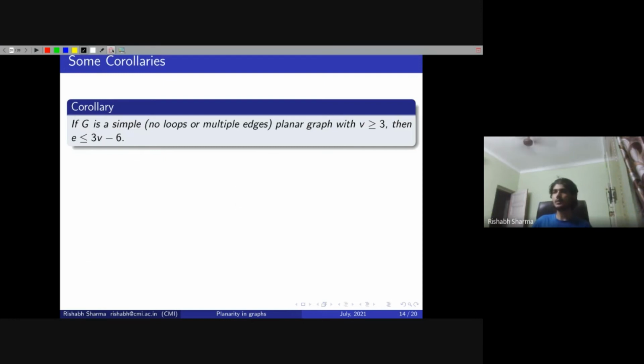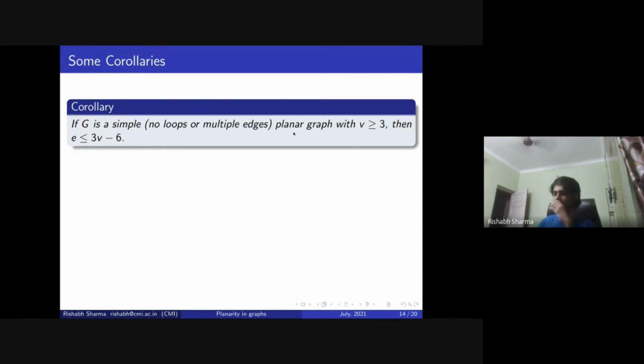So yeah, we move on with this. The idea here is that any face in this planar graph will be bounded by at least 3 edges. Why? Because suppose you had a face which was just bounded by a single edge, then the face would look like this, right? It will be a loop. But loops are not allowed, so the faces can't be like this.